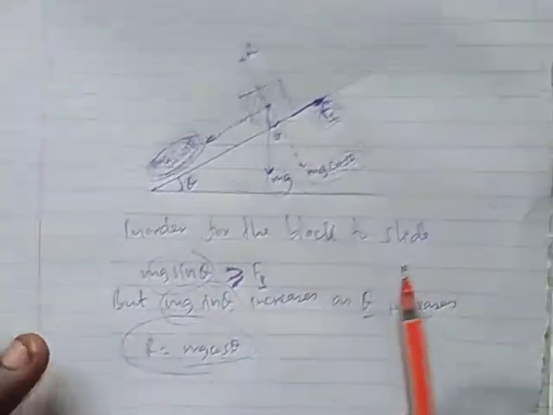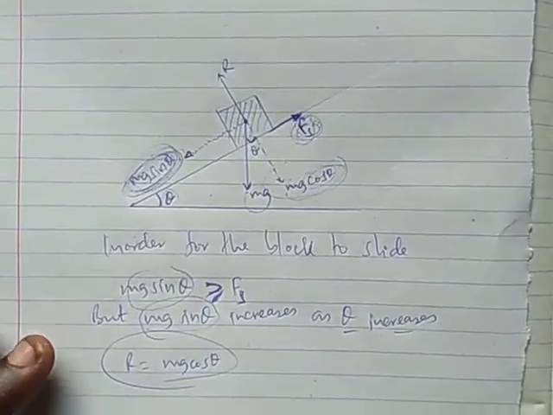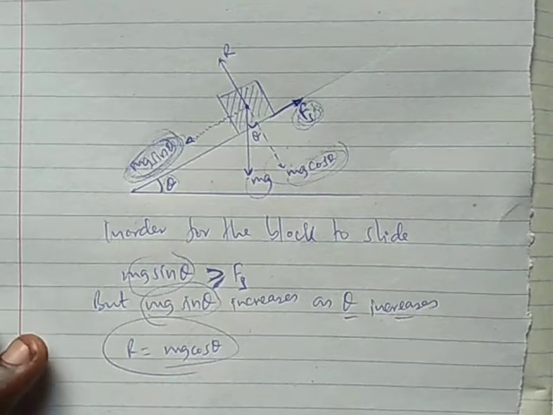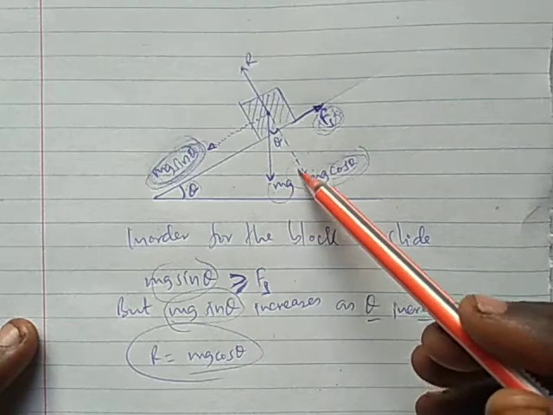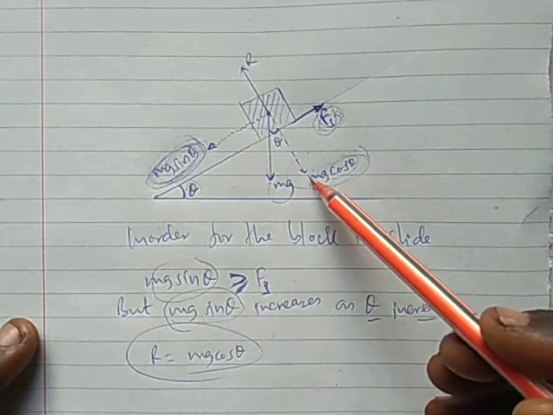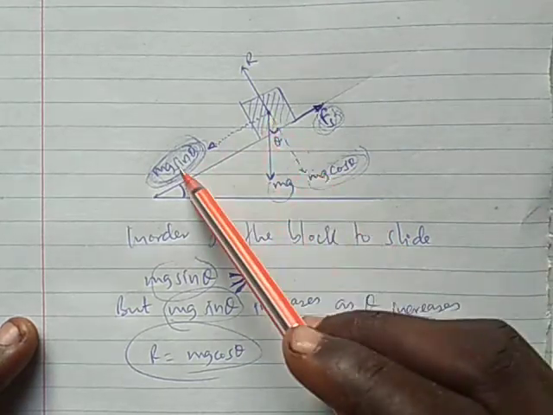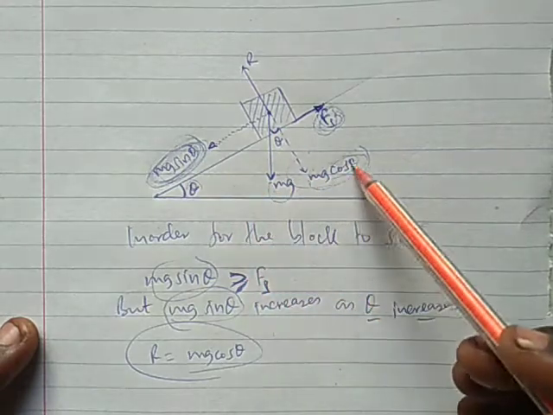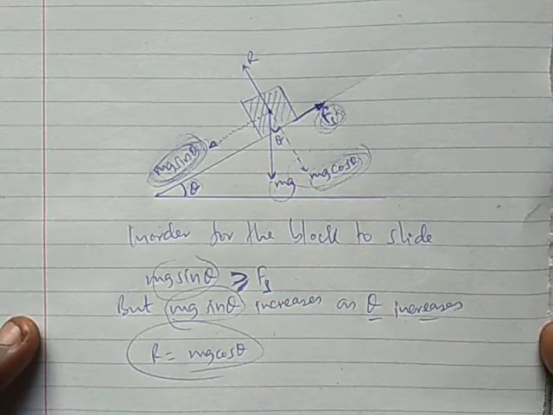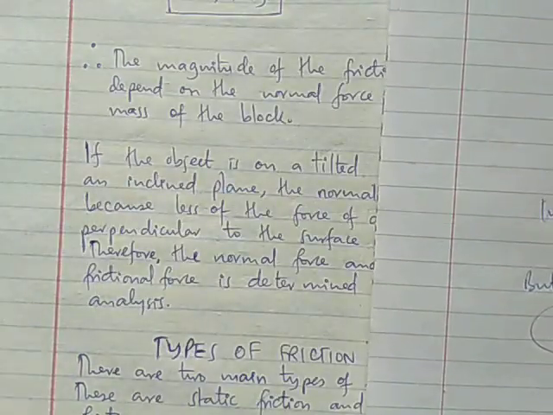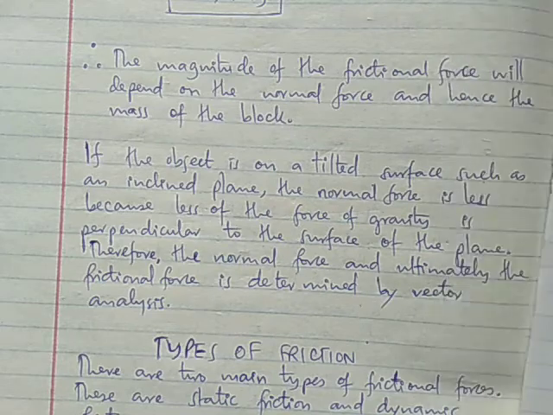So for example, in this diagram we have resolved the vector by methods of vector analysis. We have resolved this vector into the component perpendicular to the plane and the component parallel to the plane. So this component which is perpendicular to the plane is the one which is regarded as the normal reaction R.